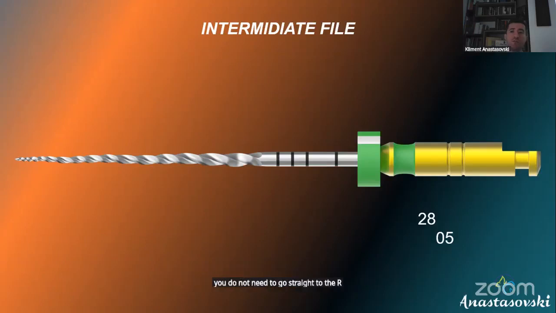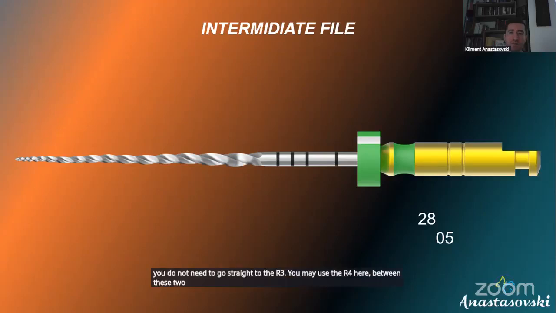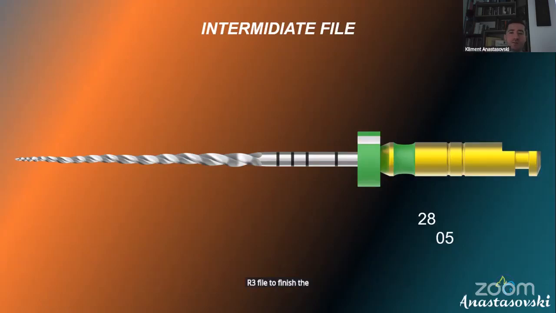You may use the R4 between R2 and R3 as an intermediate file, because it has a smaller apical diameter than the R3 file and will make a smoother shaping of that canal system. After that, we just use the R3 file to finish the preparation to a 6% taper.